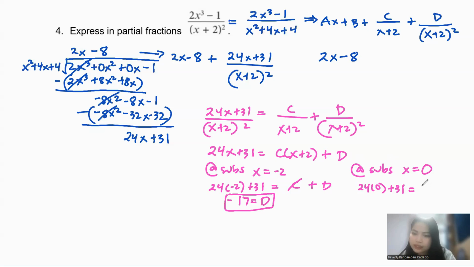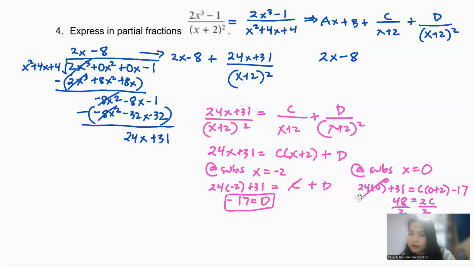And the C will be 0 plus 2 plus D. Instead of D, I will put now the negative 17. So you can just only focus on your C. And then, yeah, this one will just be 0. So 31 plus 17, that will be 48, yeah. And on the other side it will be 2C, divide both sides by 2.